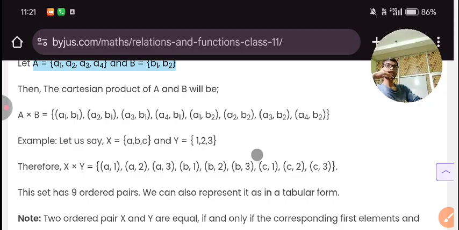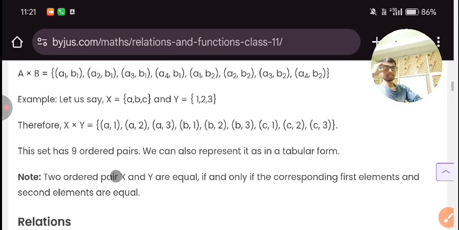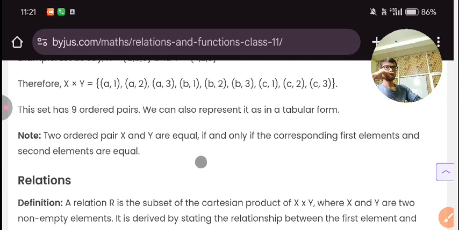We have 3 and here 3. 3 times 3 is 9. So yes, we have 9 ordered pairs. Directly by multiplying you can say we have this many ordered pairs. We can also represent it in tabular form. Two ordered pairs x and y are equal if and only if the corresponding first elements and second elements are equal.